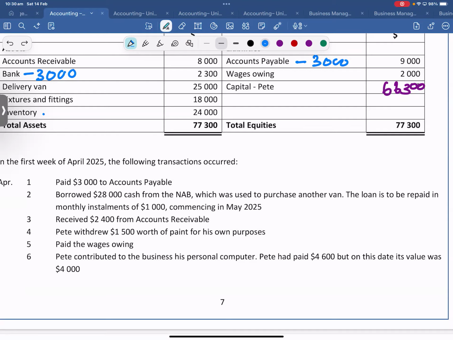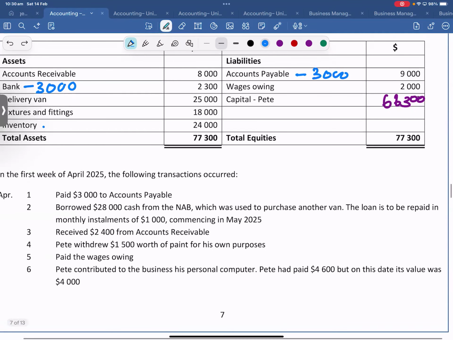If you purchase another van and use the van, that'd be a... No, van is not an inventory unless you are selling vans. So then what is it? At this point, what is the van? Non-current asset. Inventory is a current asset because you are meant to sell it within the next 12 months. You don't have to keep it for a long time. I just wanted you to think about it.